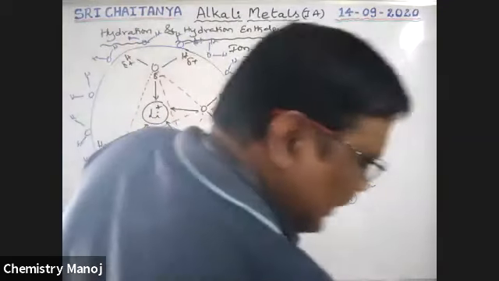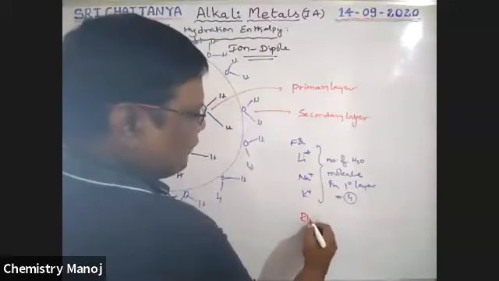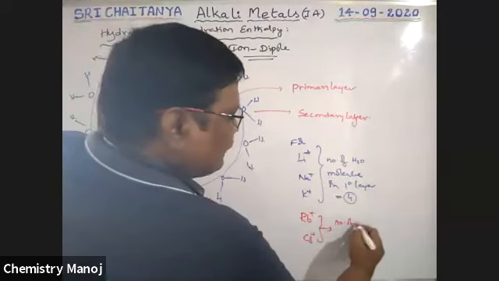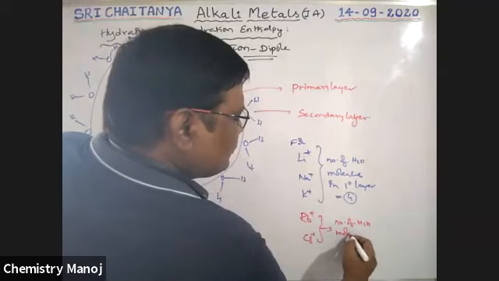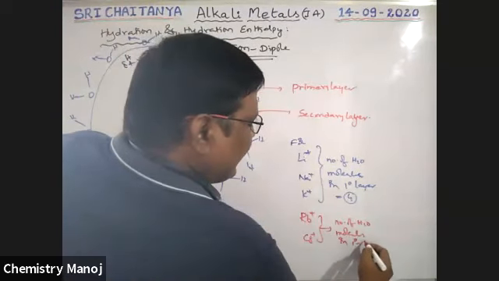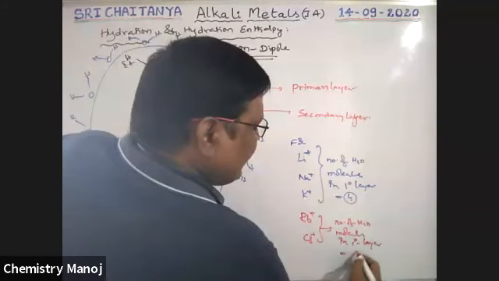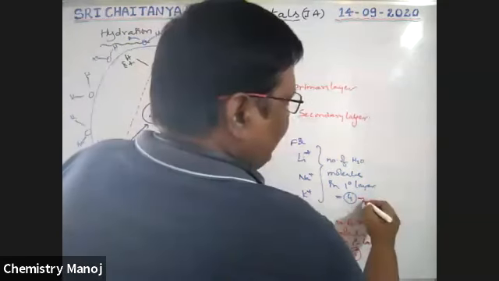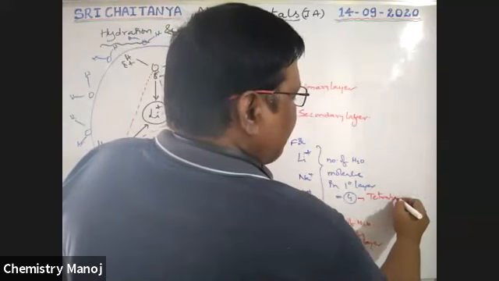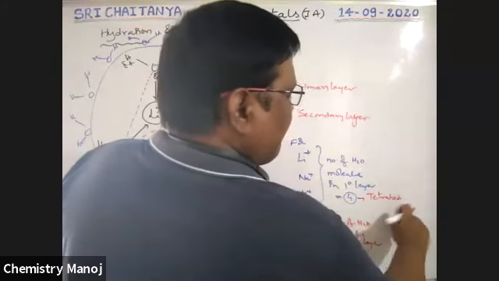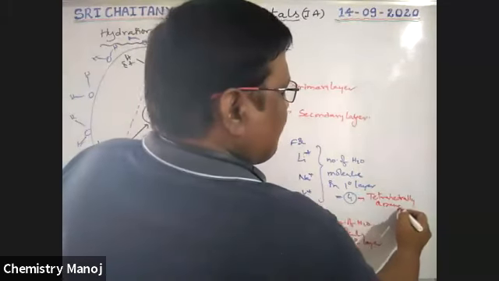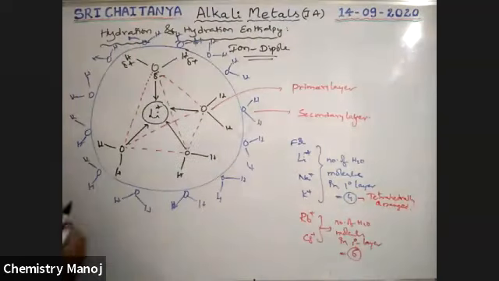Therefore, in case of Rb plus and cesium plus ions, the number of water molecules in the primary layer is equal to 6. These 4 water molecules are tetrahedrally arranged, boys.